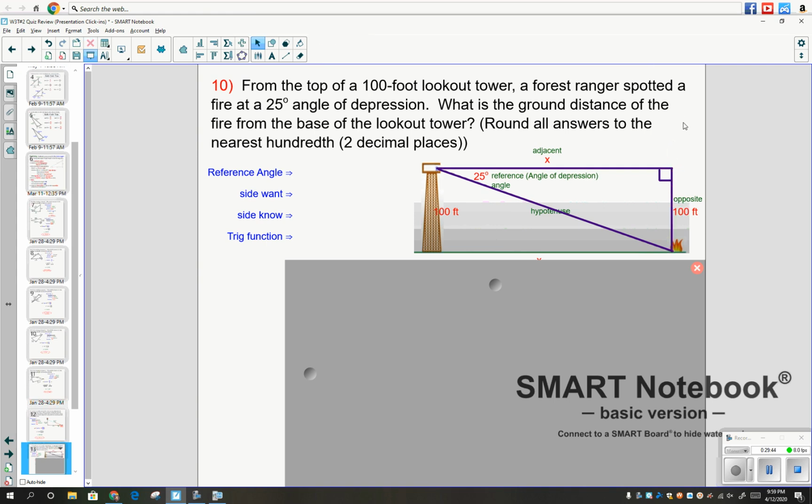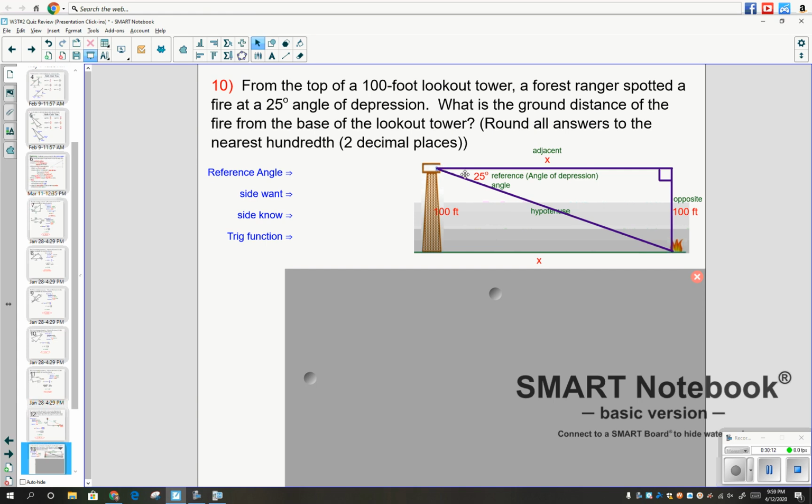Now do note, there's my triangle, but I don't know the measures. But notice when I draw a line straight down for the tower and straight on the ground, I've created a rectangle where opposite sides are the same measure. So the tower is 100 feet, which means this side of the triangle over here is going to be 100 feet as well. And the ground distance is what I want to find, which is x.